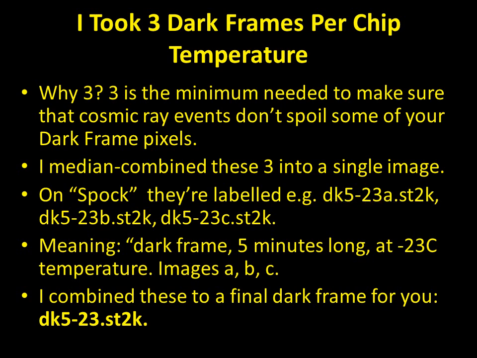DK5 minus 23A means it's a dark frame, it's 5 minutes long, it was taken at minus 23 degrees centigrade chip temperature, and it was the first one, A. And then I'll do a B and a C, and I'll median combine the A, B, and C to give a final, and that will be labeled like this, and now there's no A, B, or C involved. It's just DK5 minus 23.